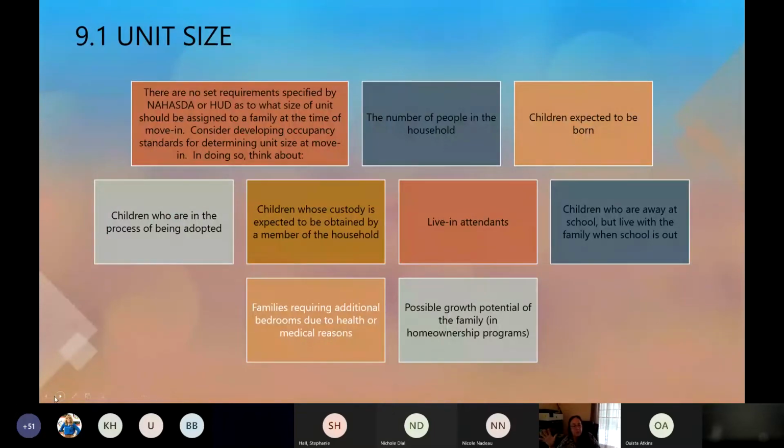There are no set requirements specified in NAHASDA or by HUD as to what unit size should be assigned to a family at the time of move-in. Consider developing occupancy standards for determining unit size at move-in.